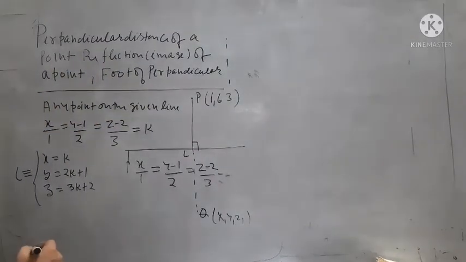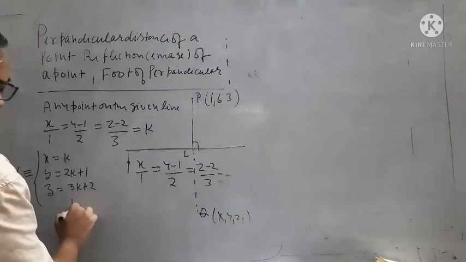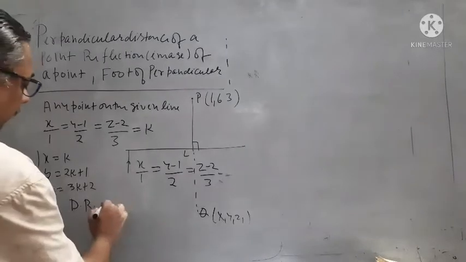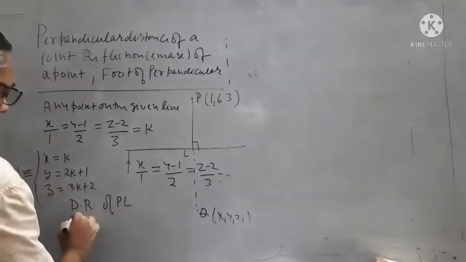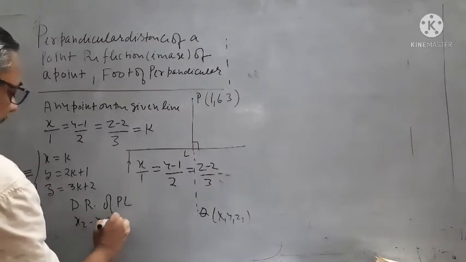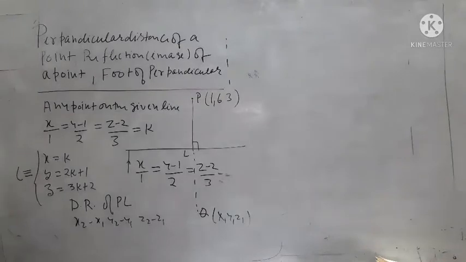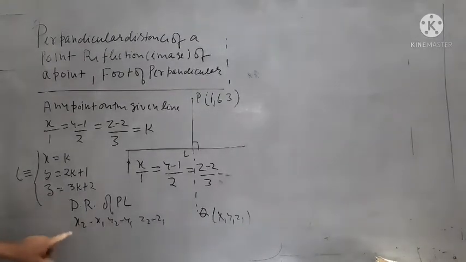Now we find out the direction ratios of PL using the formula x2 minus x1, y2 minus y1, z2 minus z1. As we know, this is the direction ratio of the join of the 2 points.